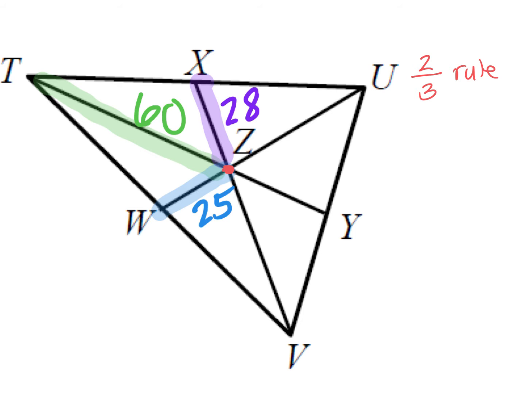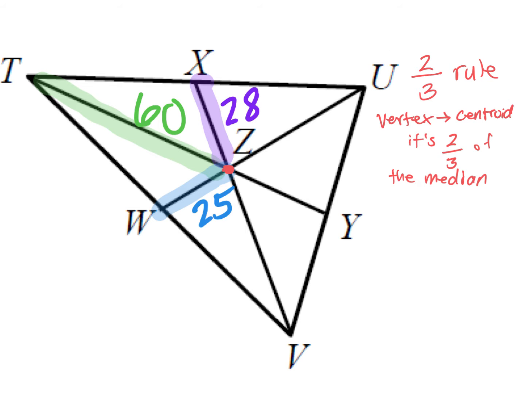The 2/3 rule says that from the vertex to the centroid, it is 2/3 of the median. So that means that this is 2/3, this is 2/3, and this is 2/3 of its full median. All right, so let's go ahead and find our gaps here.